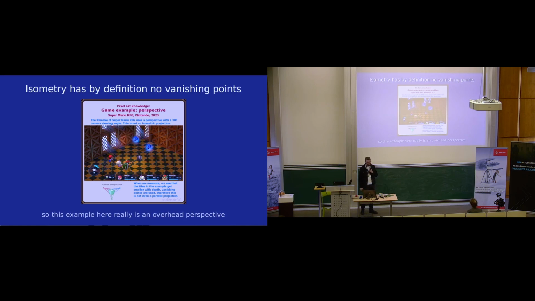By definition, isometry has no vanishing points because it's a parallel projection. So anything which has an overhead camera and is 3D and has a vanishing point, where stuff is getting smaller, is by scientific definition a perspective with an overhead camera. It can't be isometric. We see this whole group of games consistently referred to as isometric games. Sorry to break it to you, those are not isometric games.